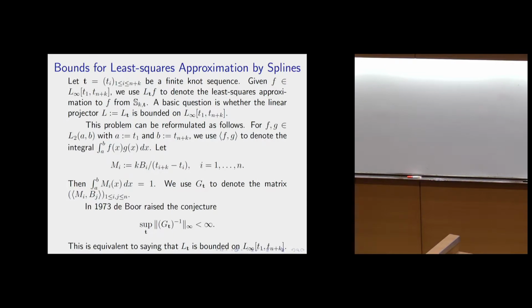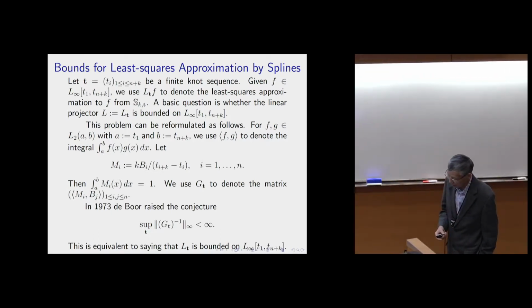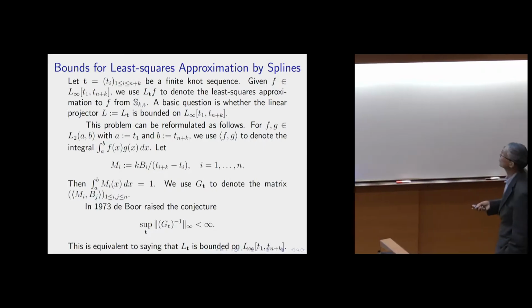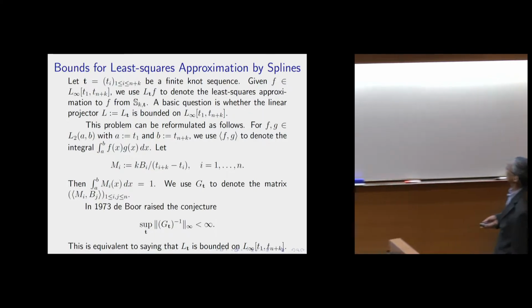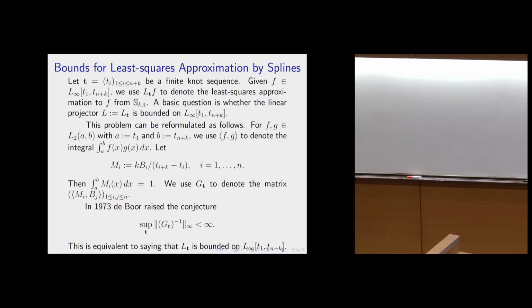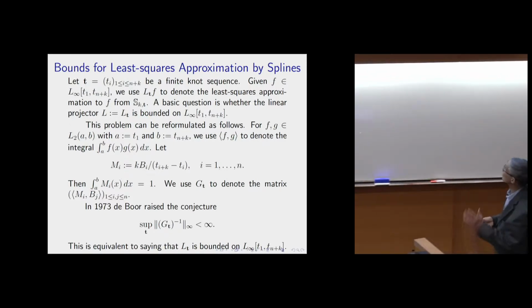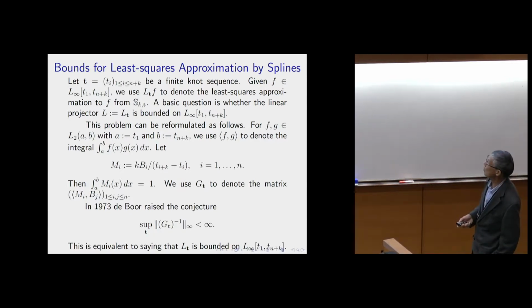Okay, now let's talk about bounds for least squares approximation by splines. Yesterday, Xie already gave details of his solution of the famous de Boor's conjecture, so we can just briefly go over it. For all the arguments to prove de Boor's conjecture, firstly, you must know that all these corresponding matrices are totally positive.